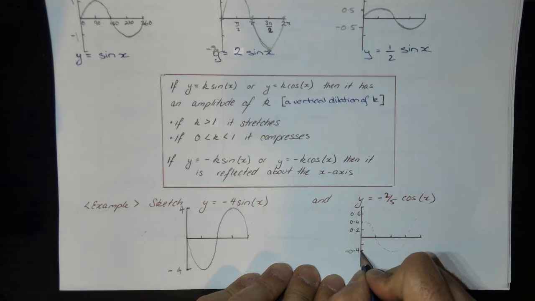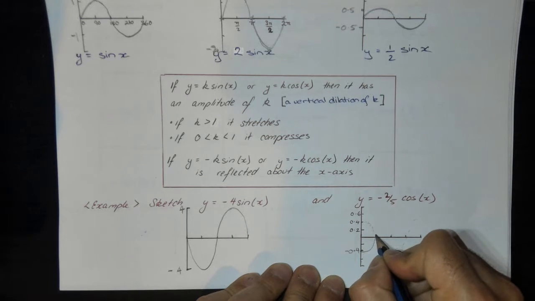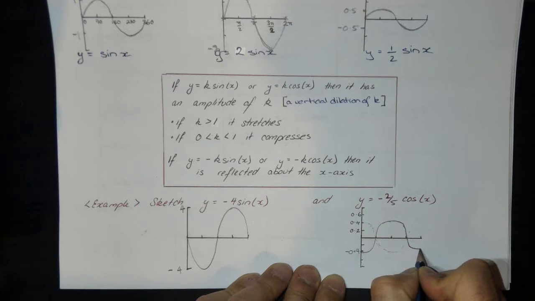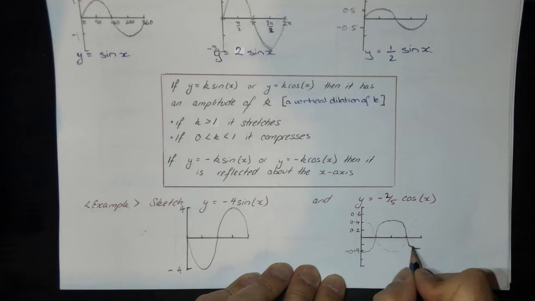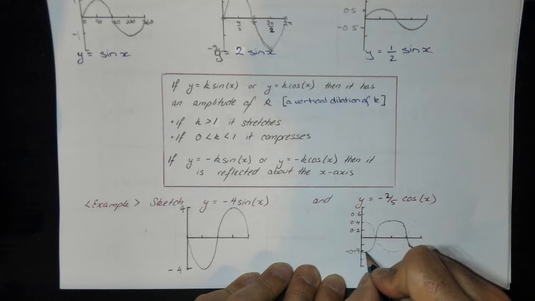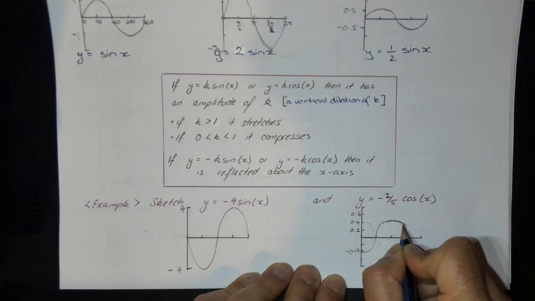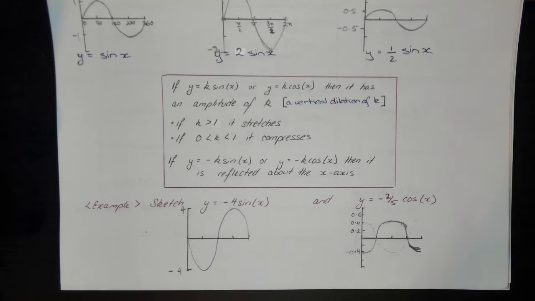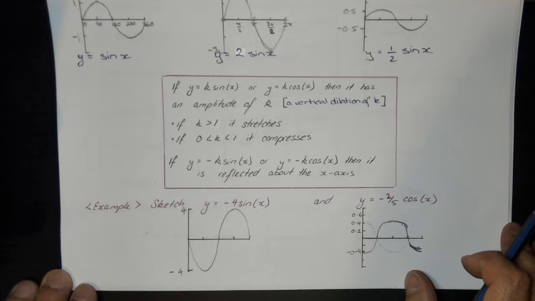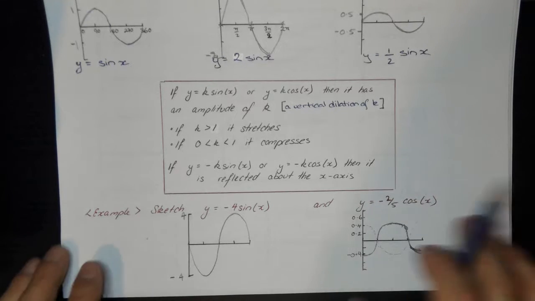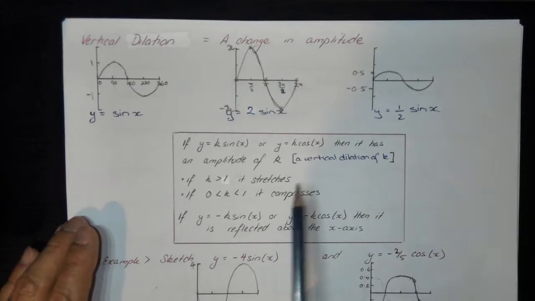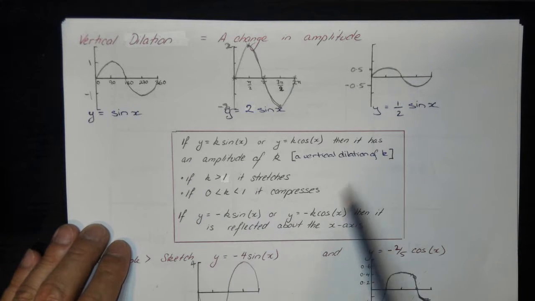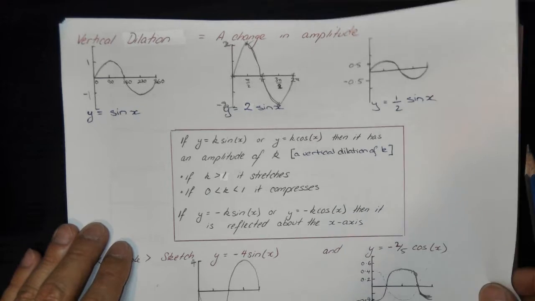So it's going to look like that between 0 and pi. Note that we don't have a vertical dilation for tan, because tan goes to a very large number.